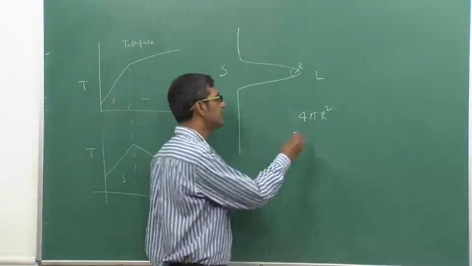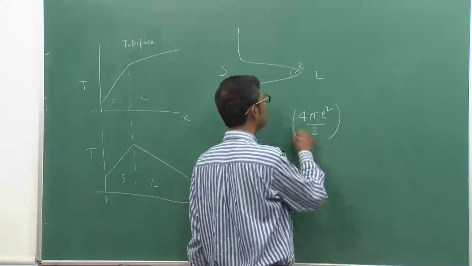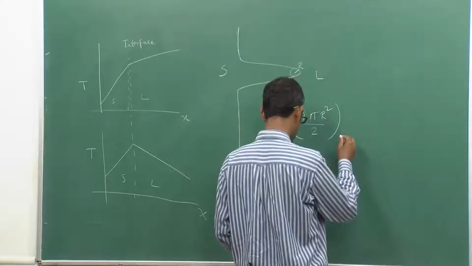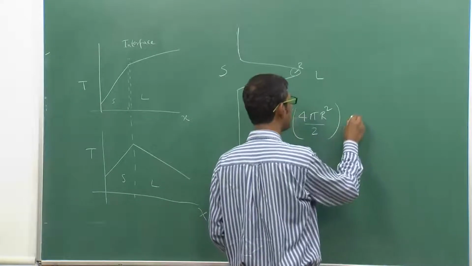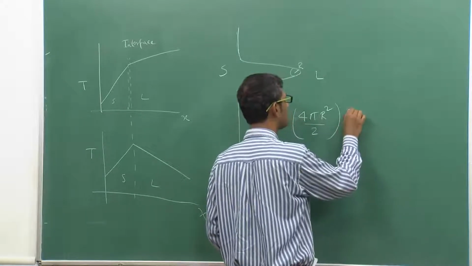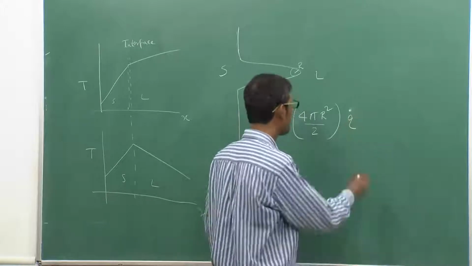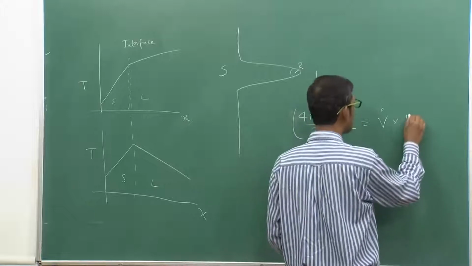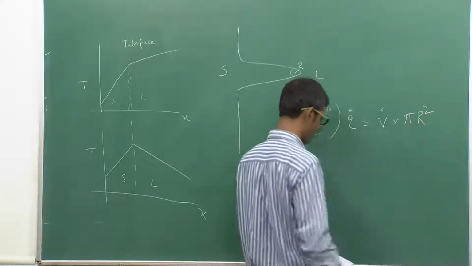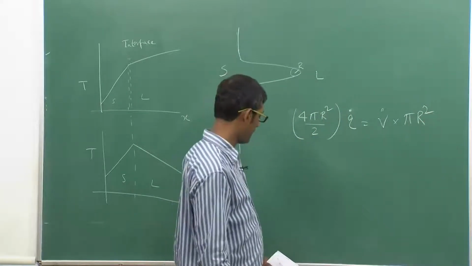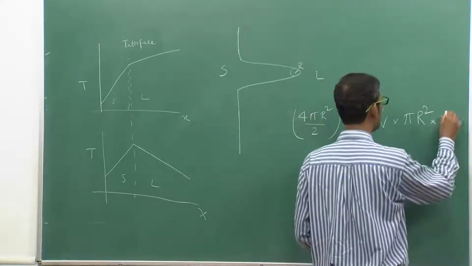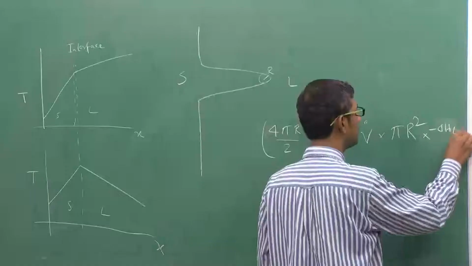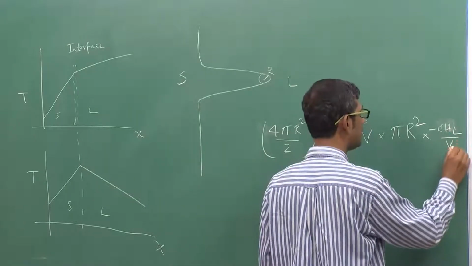So this total area, multiplied by the heat flux or rate, must be equal to the growth rate multiplied by pi r square, multiplied by delta H L by V s.